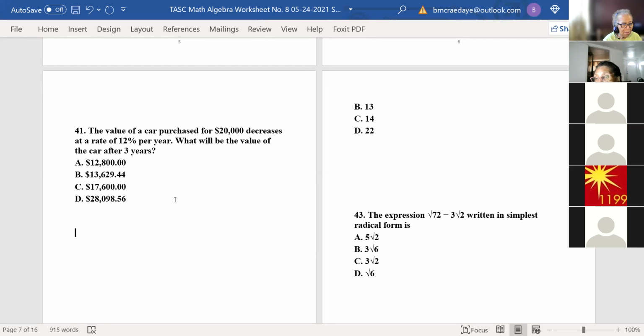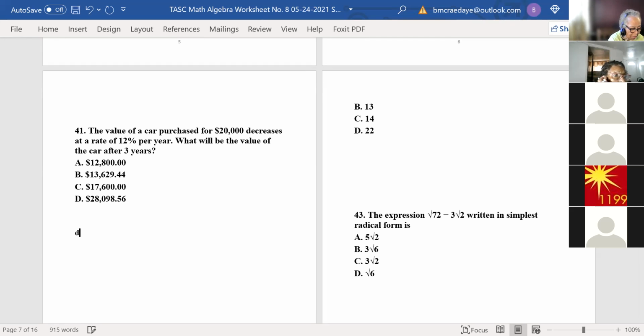I do it along with it. Then I get 0.88. And then I think I multiply the 20,000 by 0.68. I think that's what I do.